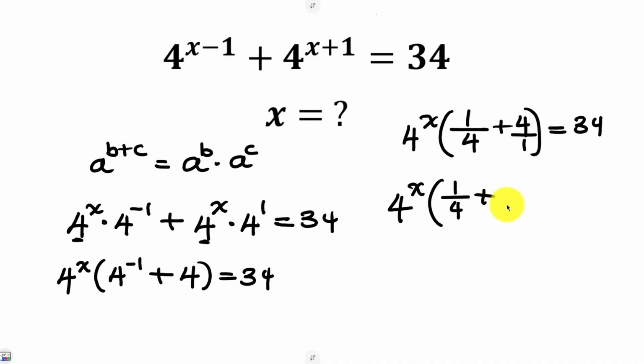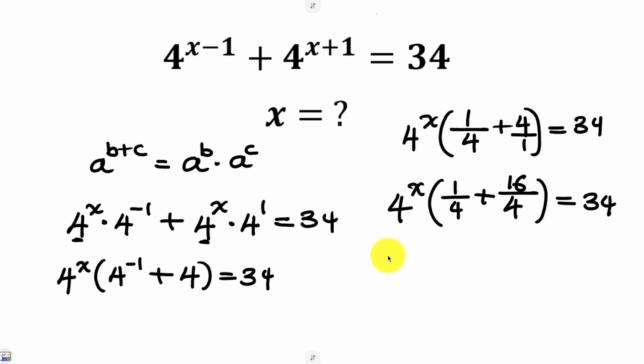So 1 times 4 is 4. Now the denominators are the same. But since I multiply this denominator by 4, I will also multiply the numerator by 4. So 4 times 4 gives 16. Very good. Now close brackets, and this is equal to 34.